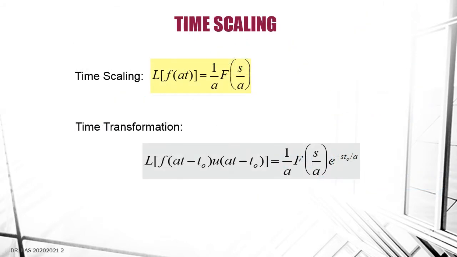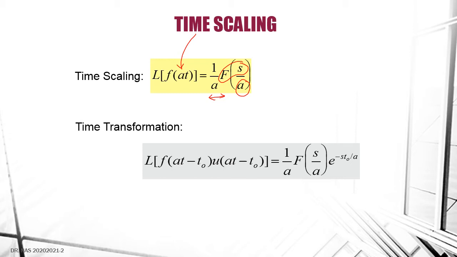Okay, the next property is time scaling. When you have the signal in t being scaled by a, in the S domain the signal will be modified in the amplitude and also in the frequency. All s will be divided by a.